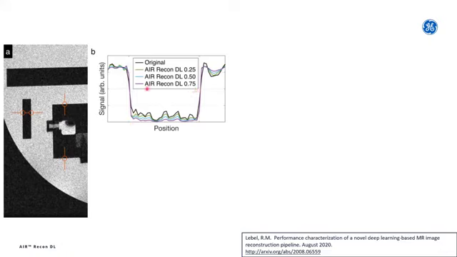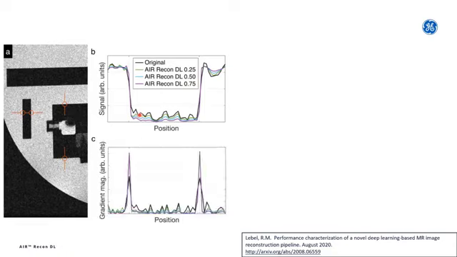What I've got plotted here is the original, think of that as the conventional image, and then 3 different levels of AIR Recon DL, which typically relate to the low, medium, and high settings. If I then take a derivative, or really think of it as the gradient of that line profile, I would get these sharp spikes at these drops in signal and the upswing in signal.